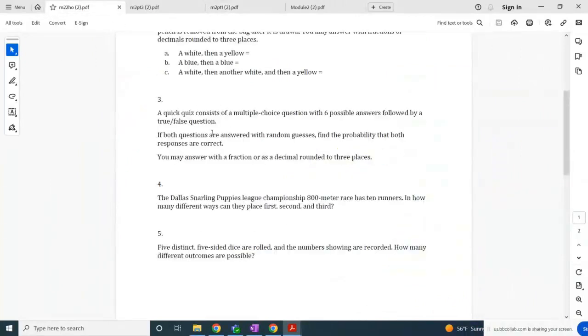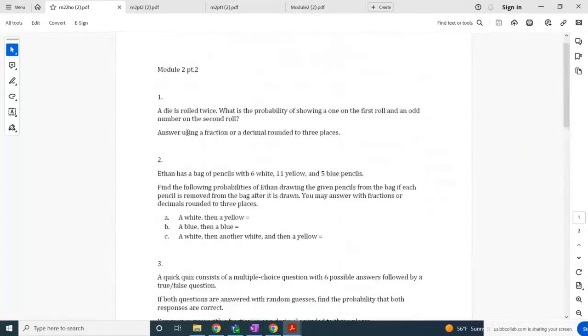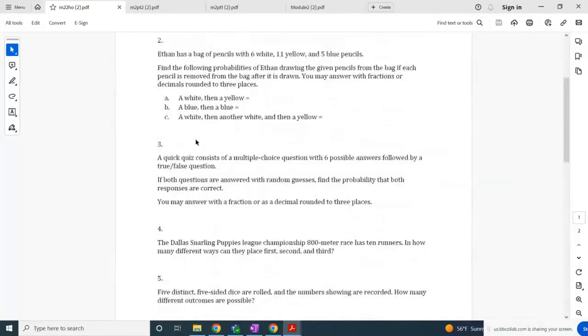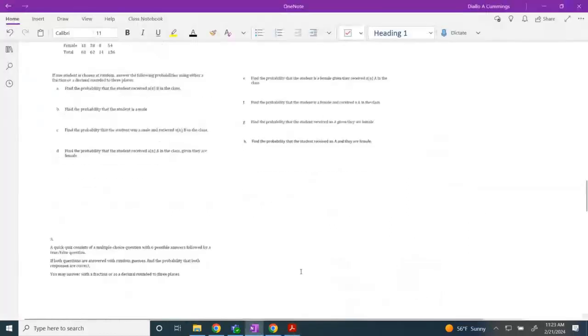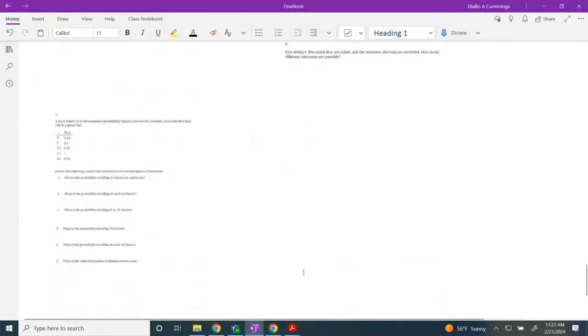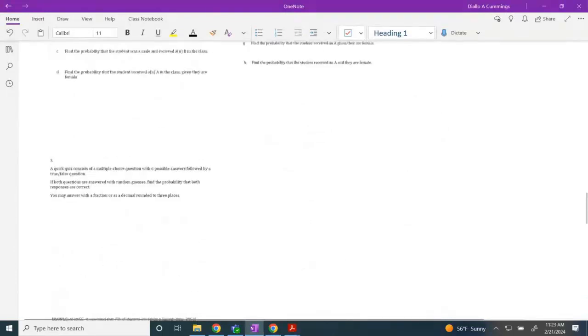problem number 3, from Module 2, Part 2. I believe I have it on OneNote. Here it is.